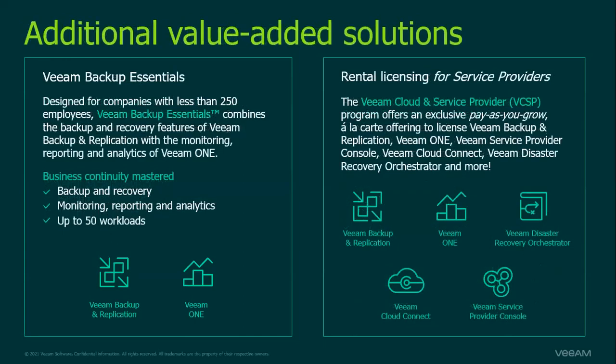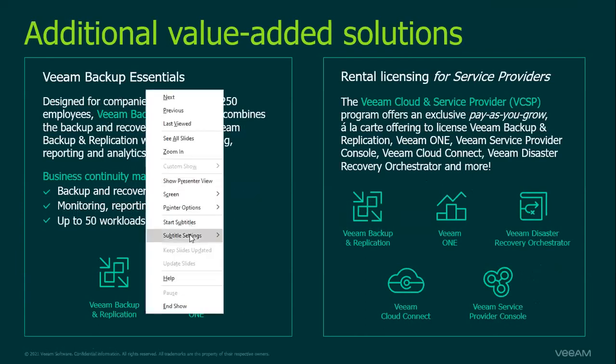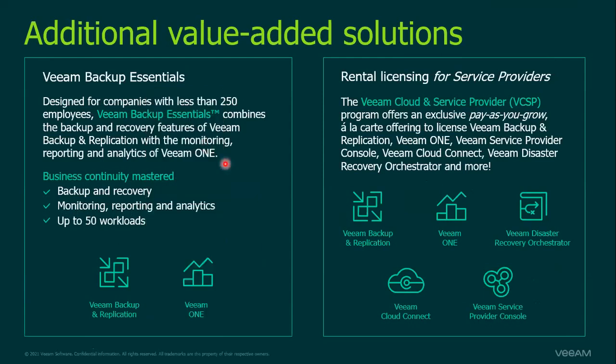A couple of other value added solutions which Veeam provides for SMBs is Veeam Backup Essentials. Veeam Backup Essentials is built for an SMB which has smaller footprints. It has a limitation of 50 workloads, meaning 50 universal licenses or a maximum of 6 sockets.